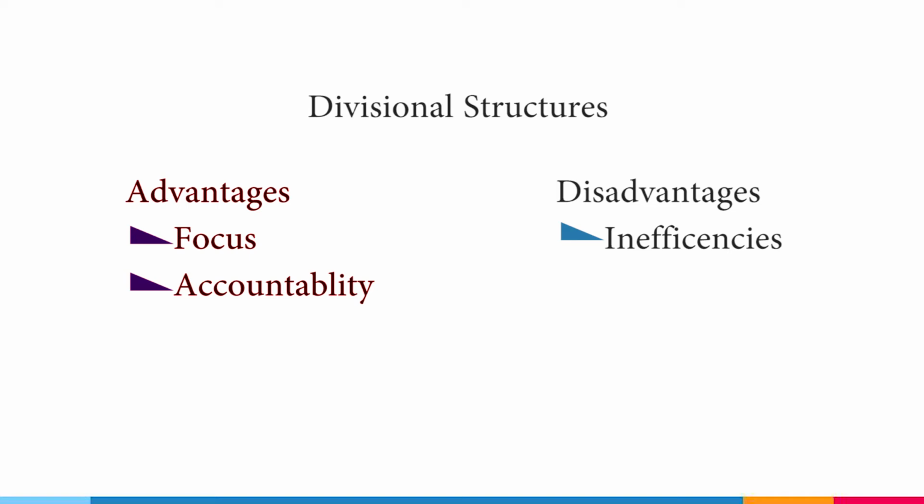The divisional structure also provides a great deal of flexibility for the overall organization because each division operates separately and focuses on the most pressing issues it faces. One distinct disadvantage of divisional structures is that they create operational inefficiencies by separating specialized functions. Each division has its own support functions, which duplicates many other organizational activities.